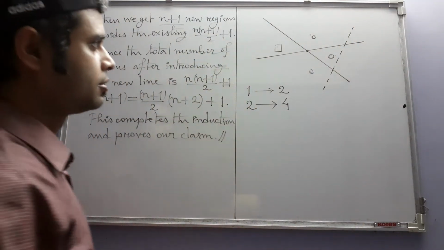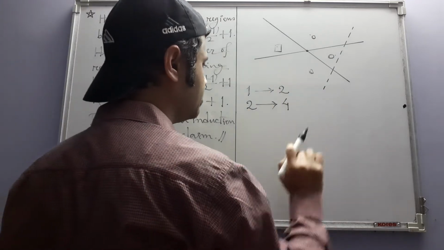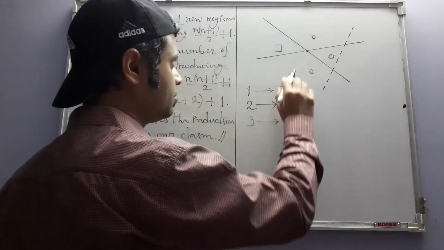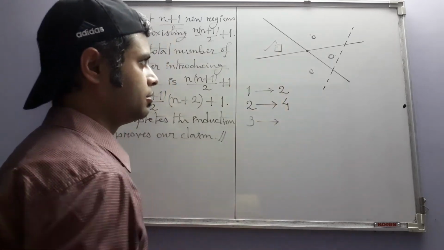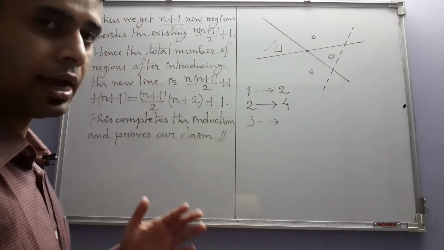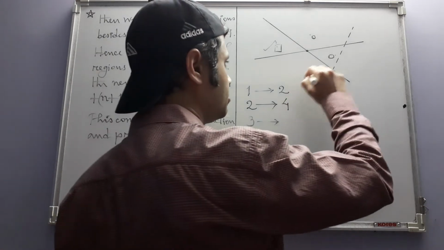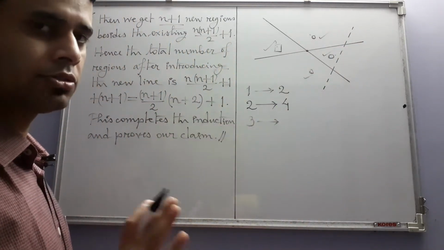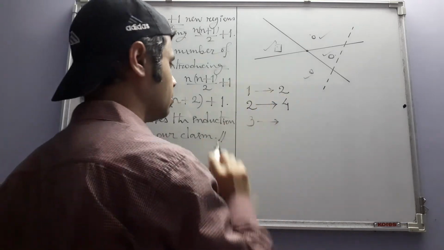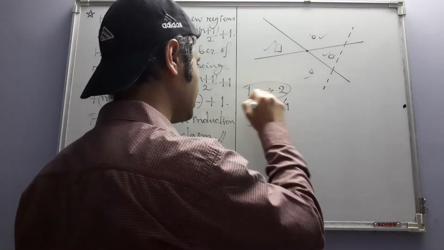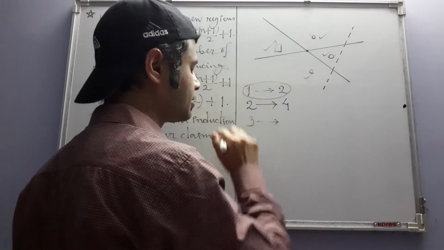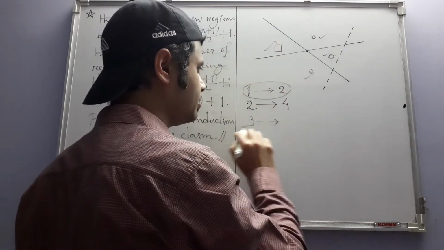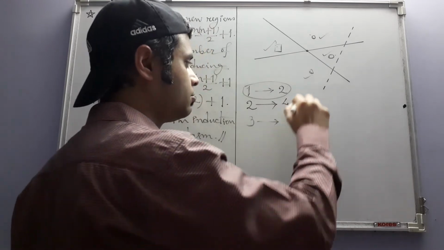Okay. So the third line misses one region, but it affects 3 regions. The first line actually affected, for the first, actually we don't have to look at the first case. The second line, when you introduced the second line, it affected 2 regions.